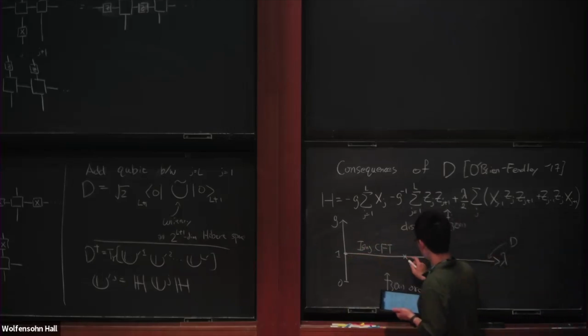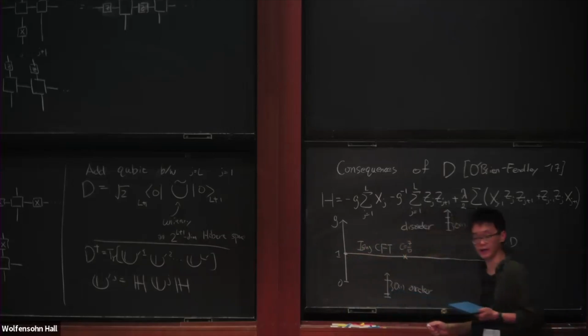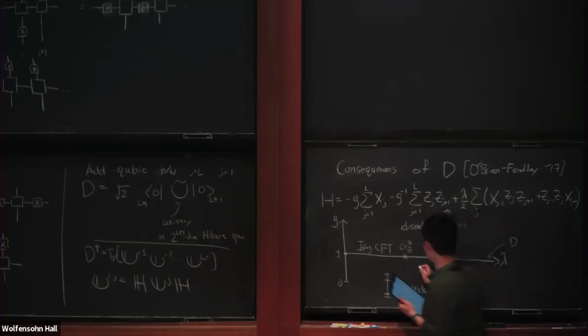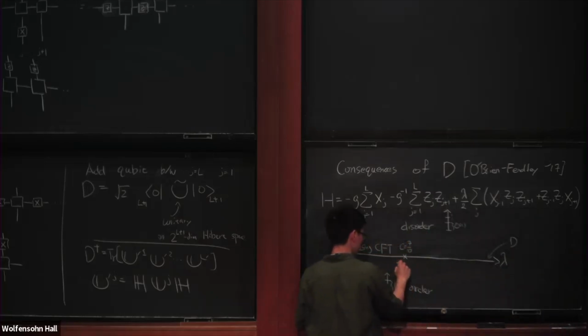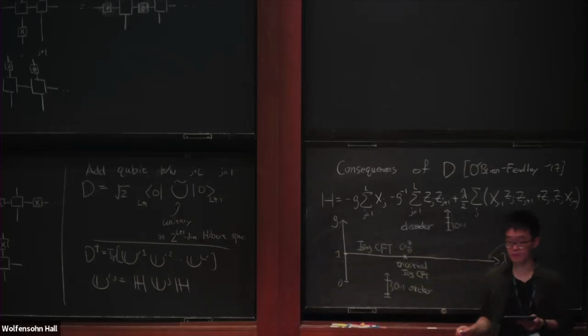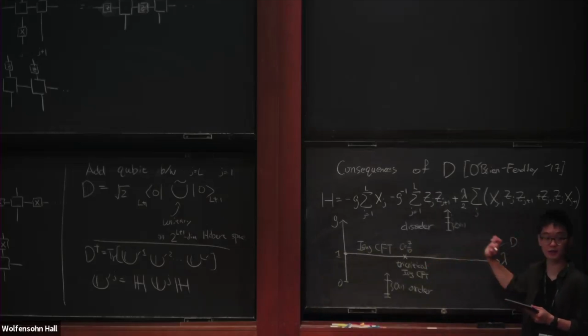But then it hits a critical point where the central charge is 7/10. And that's the second minimal model. It's a tricritical Ising CFT, which from the field theory calculation, you can also show has a non-invertible symmetry.